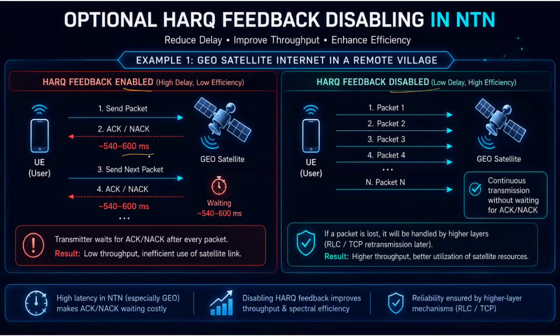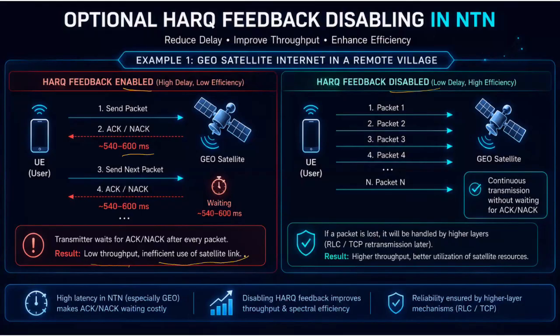Same for the third packet, fourth packet, and so on. Since the transmitter has to wait for ACK/NACK after every packet, it results in low throughput and inefficient use of the satellite link.